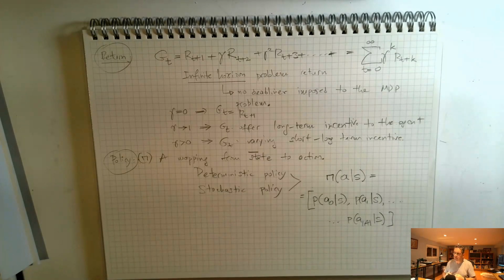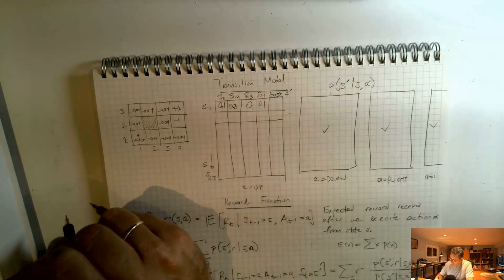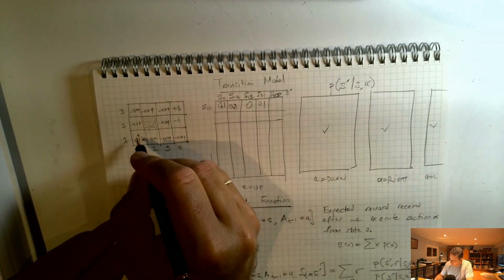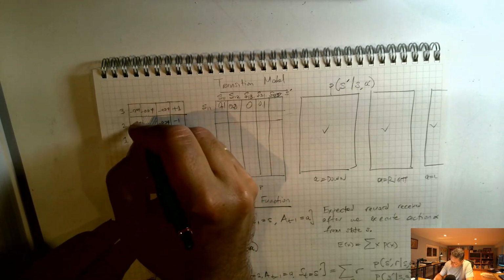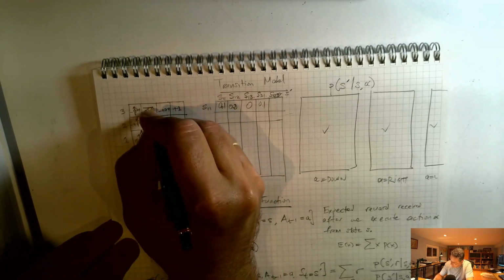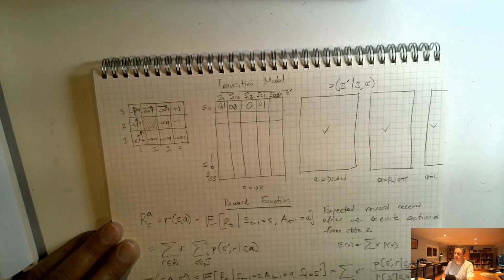So that's basically the definition of a policy. This is what we're after: we are going to find the optimal policy that will allow us to do the following. For every state the agent can be in, we will be able to draw an action, let's say up, up, up, right, right, and we are in the terminating state over here.